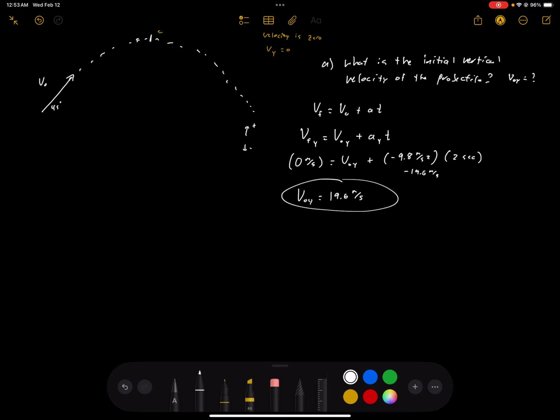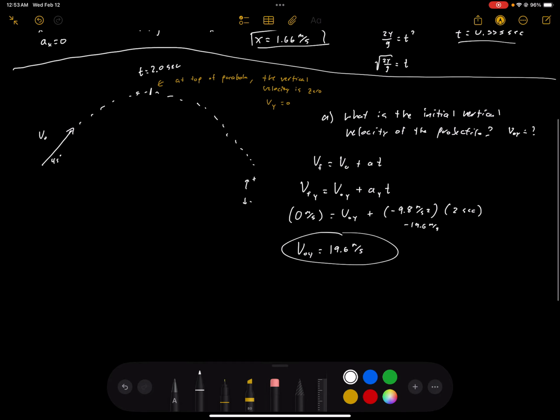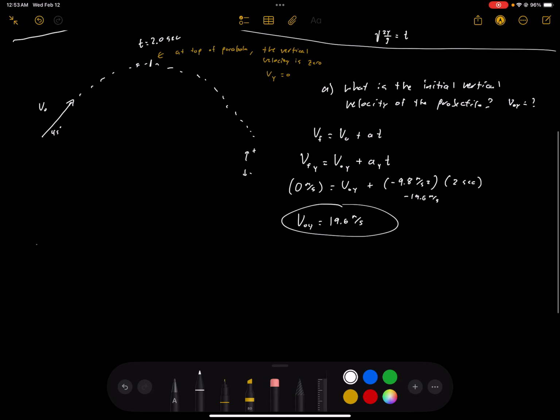So part B, let's say we need to figure out what the horizontal velocity is. Here I have a 45-degree angle. Well, we know the horizontal velocity is going to be the same because it's a 45-degree angle.